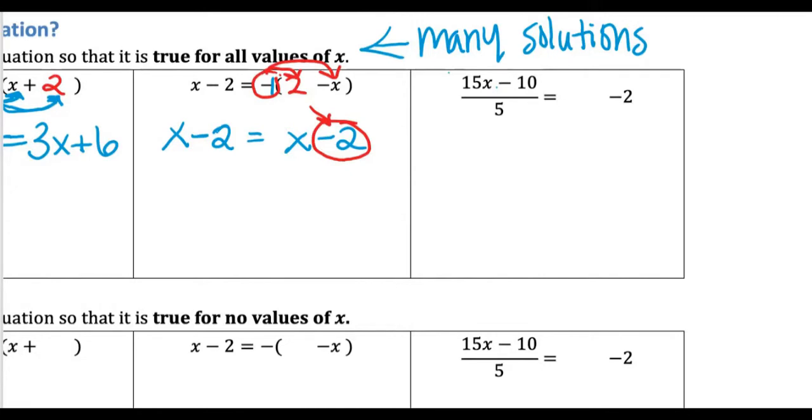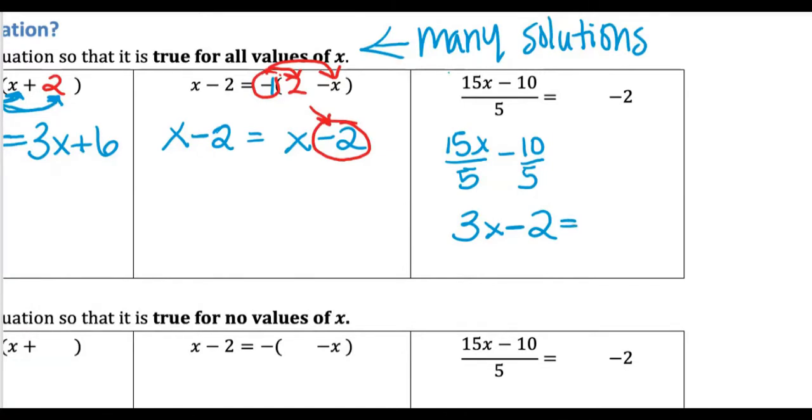So 15x divided by 5 is 3x minus 10 divided by 5 is 2. Now, if you need to back up a little bit, if you need to rewrite this as 15x over 5 minus 10 over 5, do that. I want to make sure that you can see where everything came from.